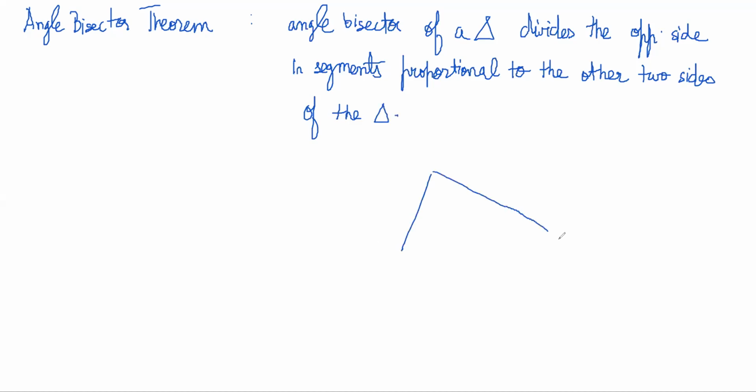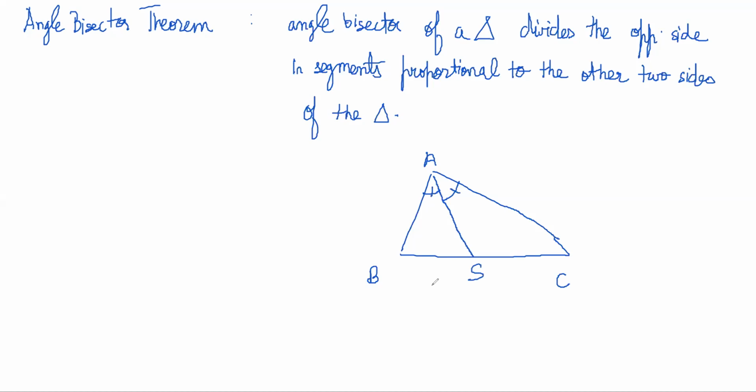So suppose you have something like this: A, B, C. ABC is a triangle, and the angle bisector of A is AS. Suppose this is AS. This angle is equal to this angle.